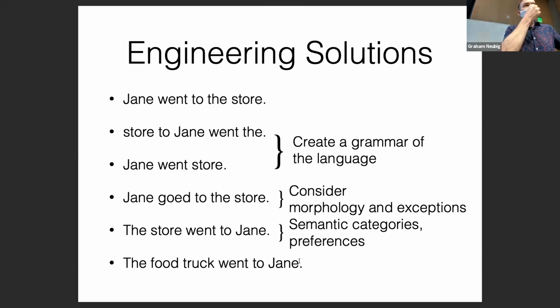Also, semantic categories. Stores are not something that tend to go somewhere, right? And there are exceptions. So a food truck might be a type of store according to some sort of ontology, but at the same time, it's a mobile one, so it can go places. One other interesting thing that I didn't write on the slide is that with more and more powerful language models, they can also make distinctions between other things like factual correctness.